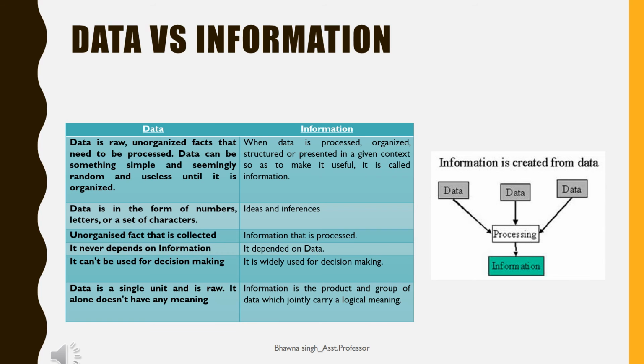We cannot use raw data for decision making, but if a person has some useful information, that is the processed form of data, then he can use that useful information for making decisions also. So now it becomes clear that data is the raw input that we provide to the machine, and that machine performs the operations on that raw data, and it provides us the useful information.